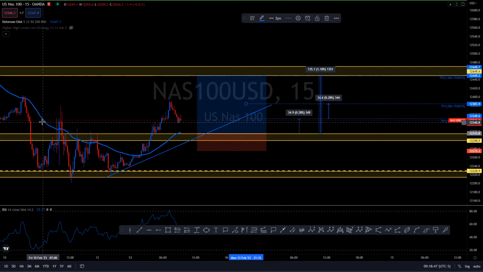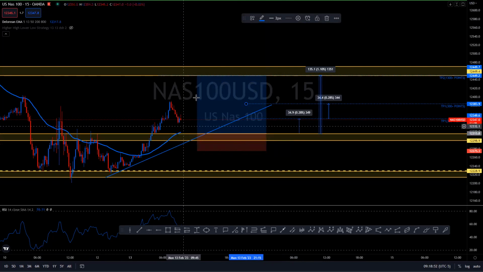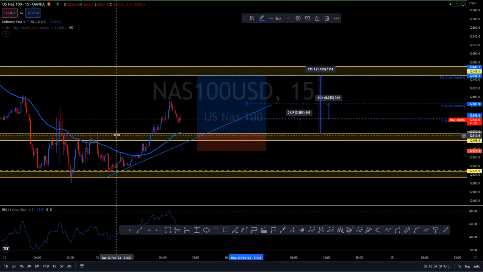Kind of a solid zone here. Price could be going against it, but I'm thinking it's going to buy personally.